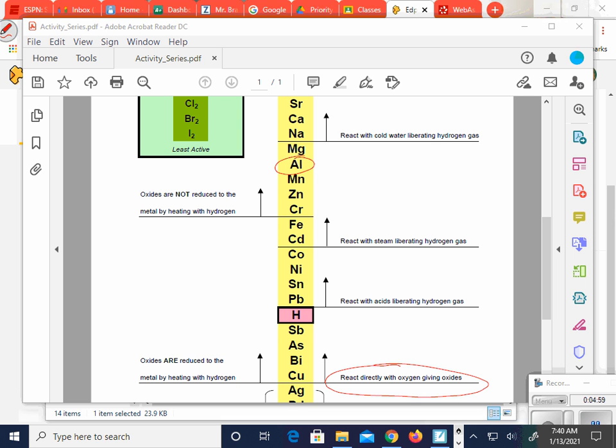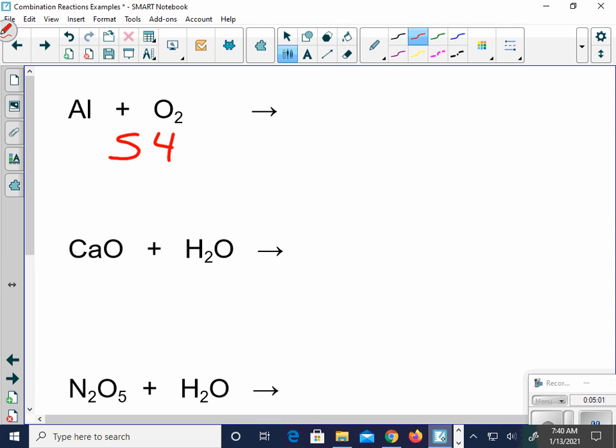So I come back and I say, okay, aluminum plus oxygen is going to give me a metal oxide. Well, what's my metal? It's aluminum, so it's going to give me aluminum oxide. Now, I like to write out the name and then do my formula, okay?